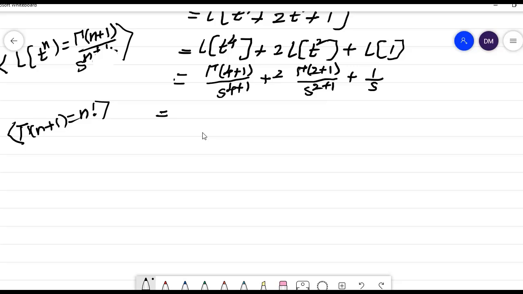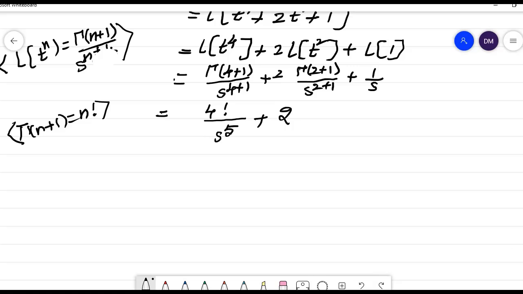Here 4 is a non-negative integer, so gamma of 4 plus 1 is 4 factorial by s power 5, plus 2 into, here also it is in the form of gamma of n plus 1. Here n is 2, a non-negative integer, so we can use the same formula.